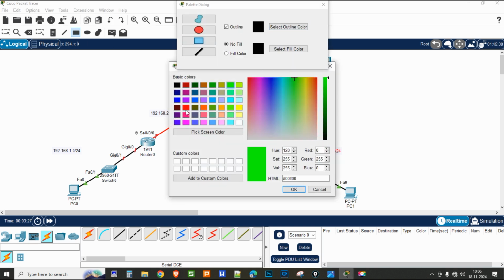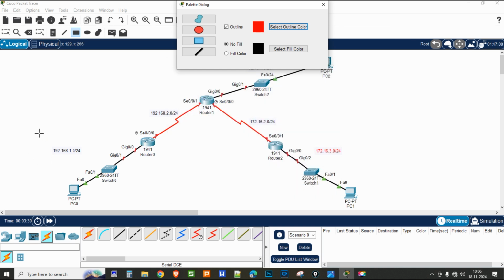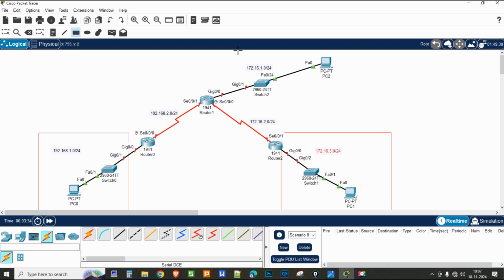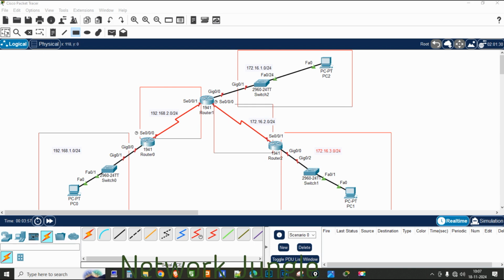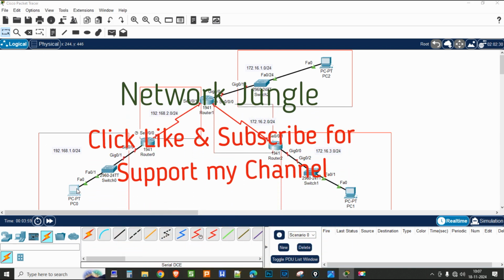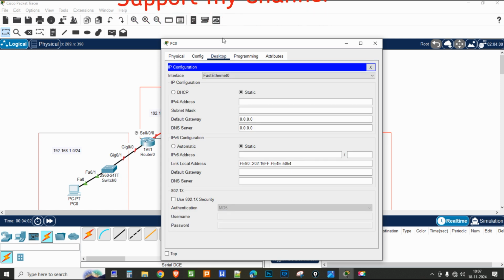You can differentiate the color for understanding purposes. This is one LAN segment, this is another LAN segment, this is one LAN segment, this is one LAN segment. I already told we can use the top-down approach. Sorry, bottom to top approach.